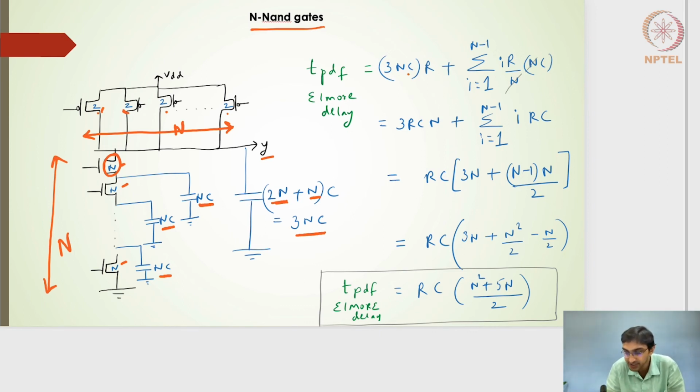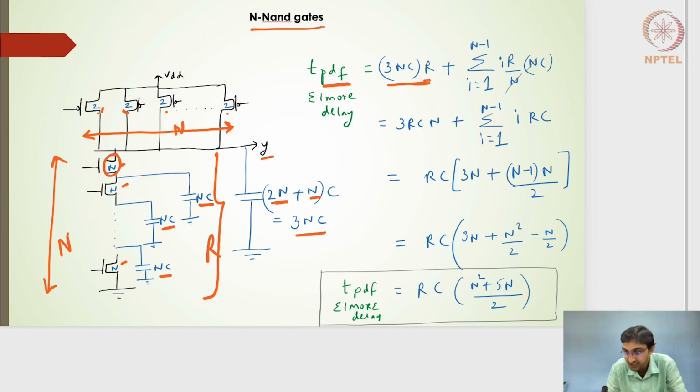I need to consider that while estimating the delay. So I've taken the propagation delay for the falling output. That means, for the n input NAND gate, all the n inputs here on the pull down side should be 1, so that the output will discharge to 0. So I have taken 3nC multiplied by R. R is nothing but the equivalent falling resistance of all these N transistors in series.